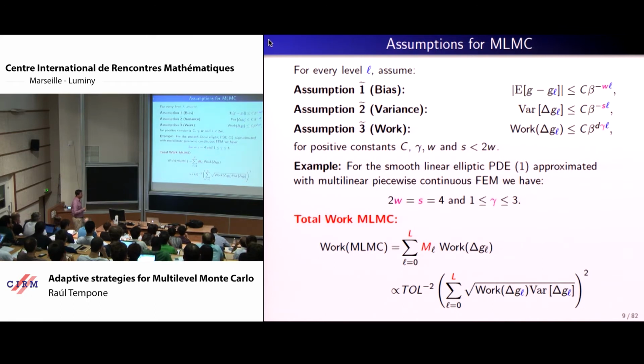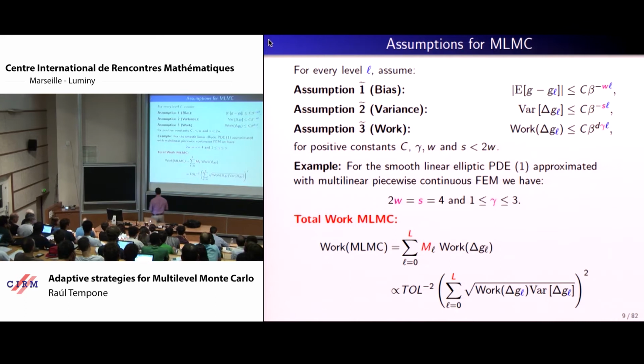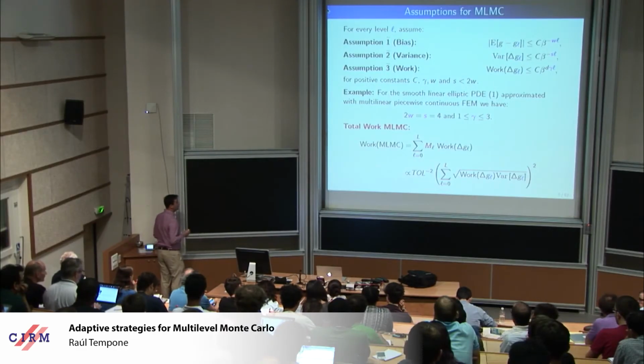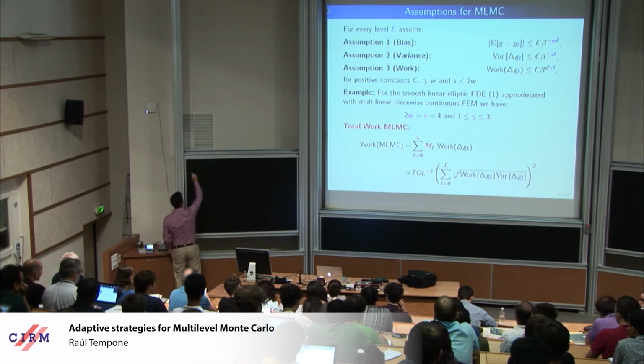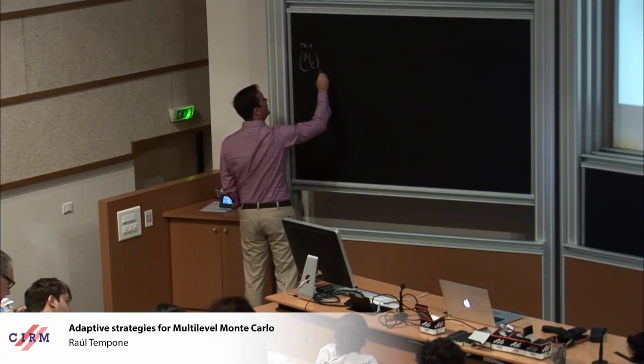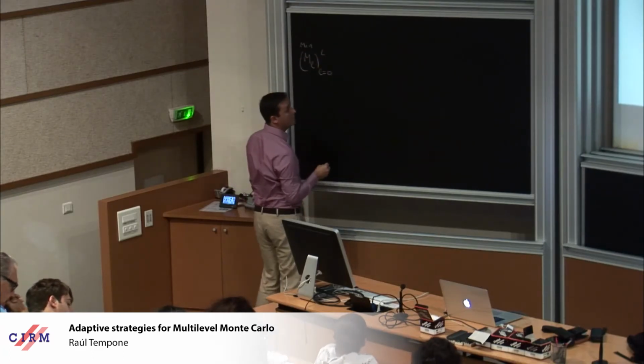If you fix L, essentially you can write an optimization problem, and I'm going to go into that a little bit more when I go into multi-index Monte Carlo, but we can just say it again. If you fix L, the bias constraint is not going to be important, and what you want to minimize, with respect to the M_L from L equals 0 to capital L, is the total work.